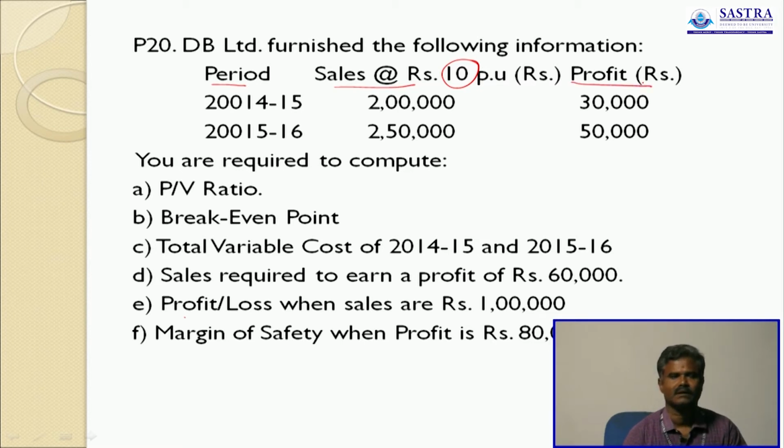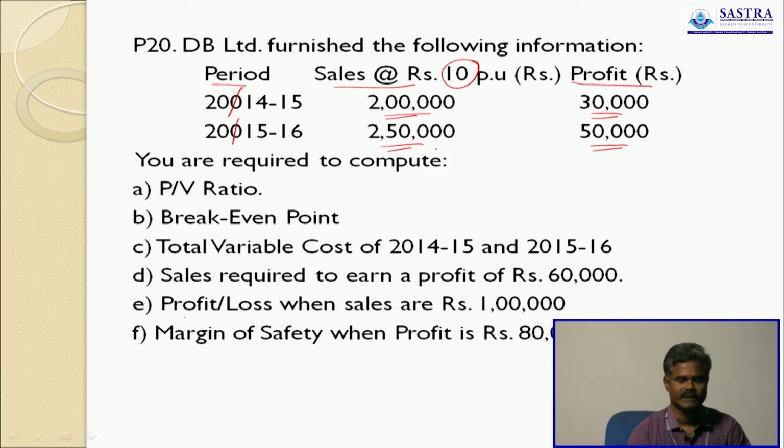Then profit in terms of rupees. In the year 2014-15, sales is 2 lakh, profit is 30,000. In the year 15-16, sales is 2,50,000, profit is 50,000. So these are all the available information.